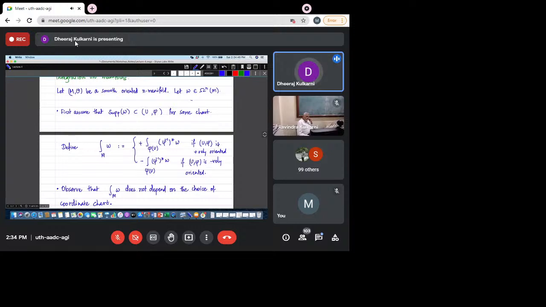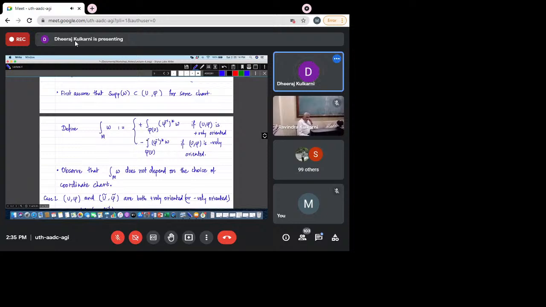If the chart is positively oriented, this means that phi becomes an orientation preserving diffeomorphism from U to an open subset phi(U) of R^n, and on R^n there is the standard orientation given by the global frame E1, E2, ..., En. That is why we put a plus sign, and this is equal to the minus of the same integral if (U, phi) is negatively oriented.